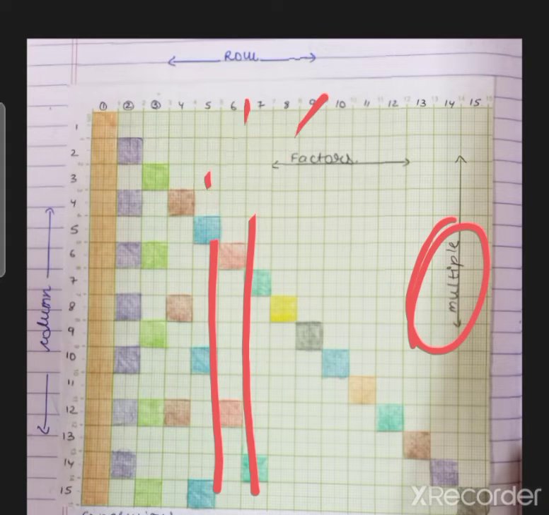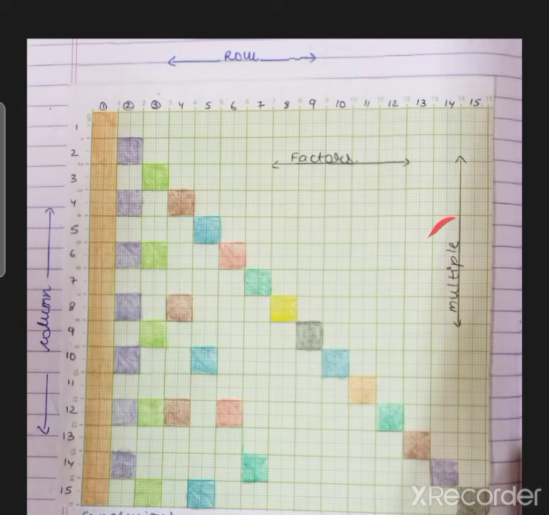So there is one more thing which I want to tell you: if there are only 2 factors, that means that number is called a prime number. Now let's see this. When I'm talking about factors, in that case I am seeing the rows. Okay.